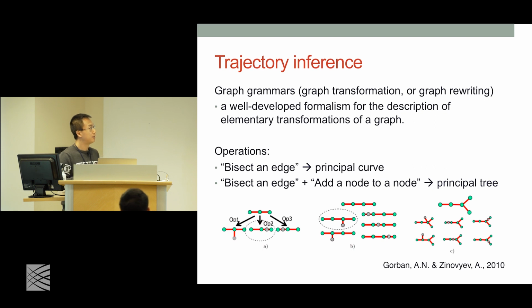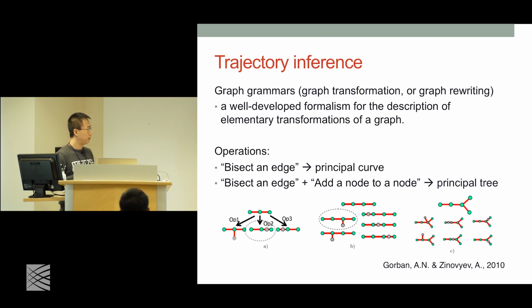The graph grammar is also called a graph transformation or graph rewriting. It's a predefined set of graph transformations, and it contains different operations. This figure shows two simple operations: one is bisect edge, and the other is add a node to another node. You can see, starting from this 2-star, this is a central node with 2 leaf nodes.